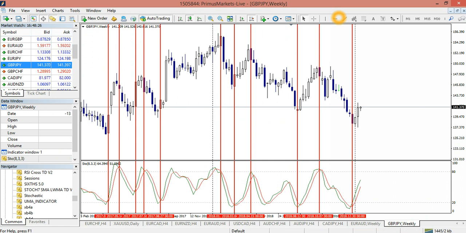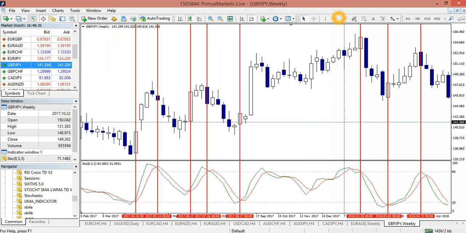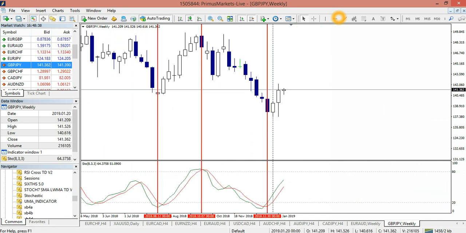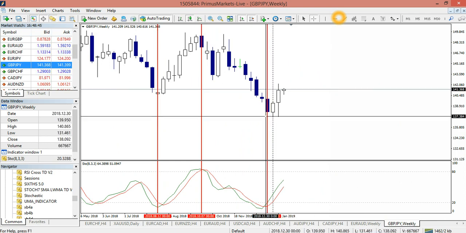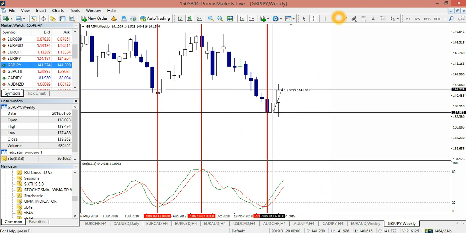But see there, every time the stochastic crosses, it changes direction, and that was your indicator to buy. So what would have been the focus at the beginning of this year for this currency pair, the pound versus the Japanese yen? Buy. Had we just bought, we would have been up in profit.